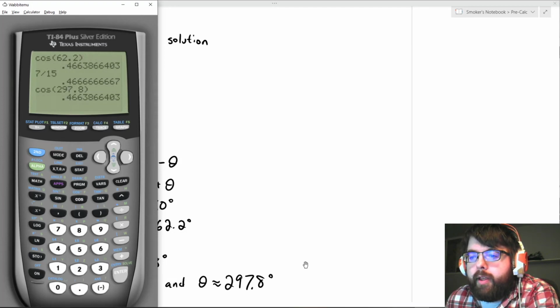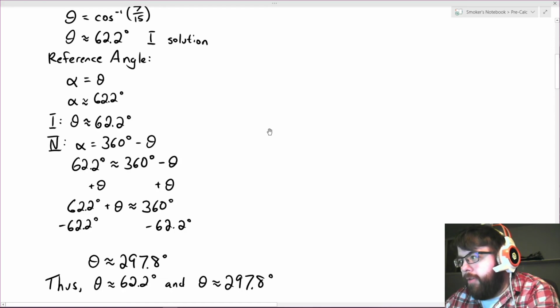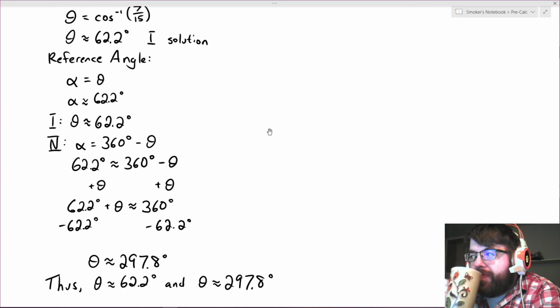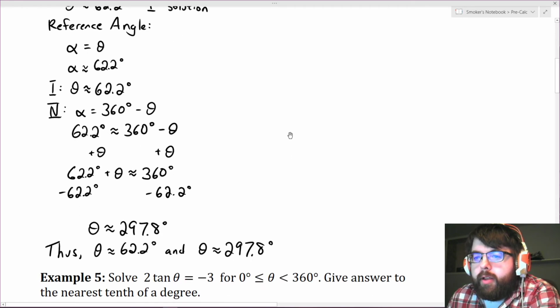So we got two theta values between 0 and 360 that, when plugged into cosine, give me 7/15 out. Hopefully that makes sense. I think that's all I needed to do for that problem.